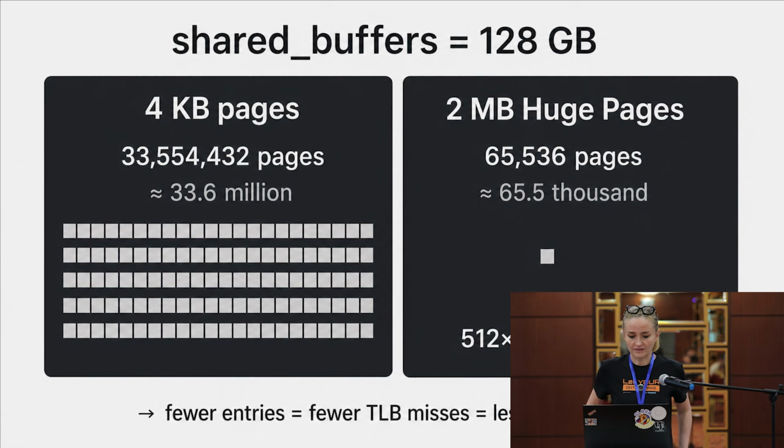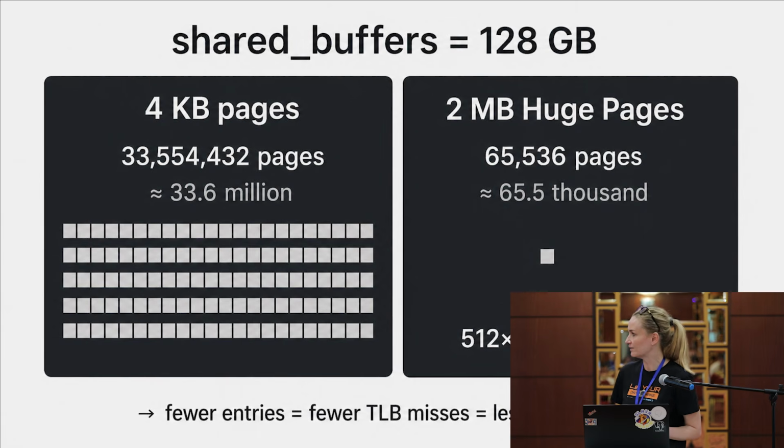Okay, so let's make this a bit more concrete with an example. Let's imagine a Postgres server with 128 gigabytes of shared buffers. And as I said before, by default, we use 4K pages from the operating system to back those 8K buffers in the shared buffers.